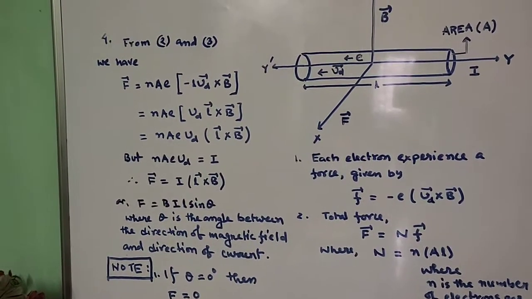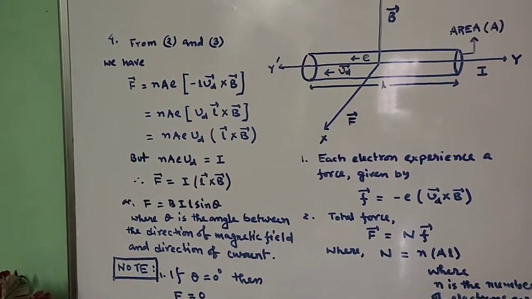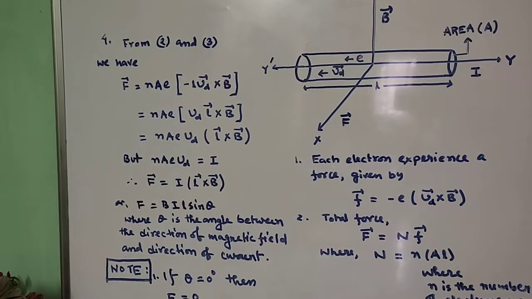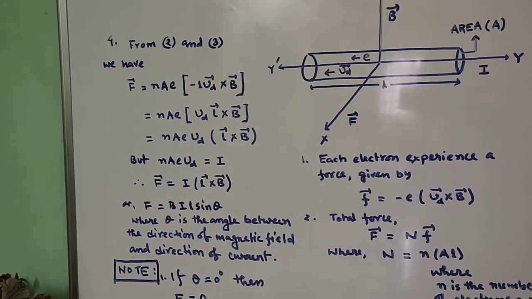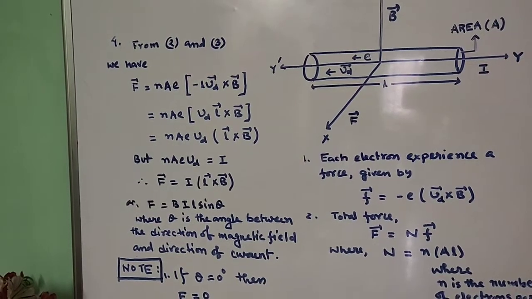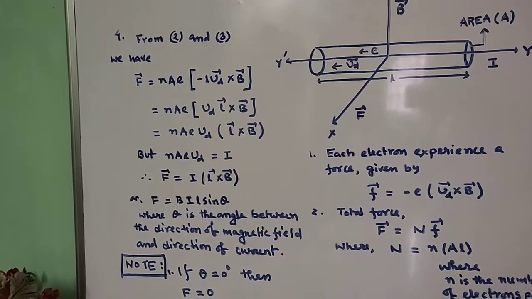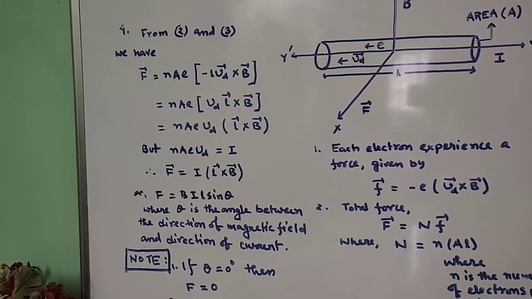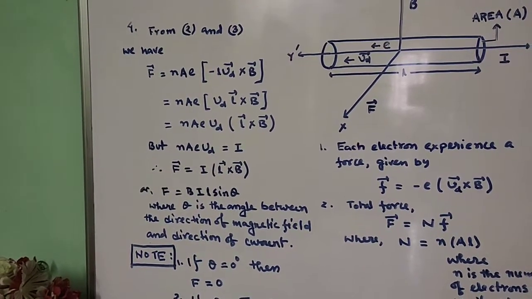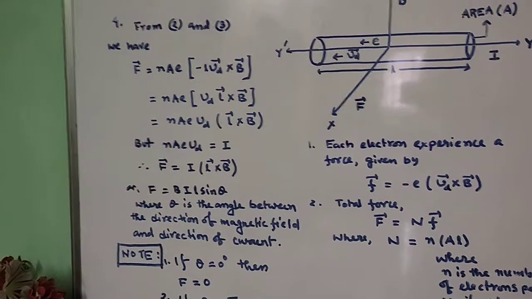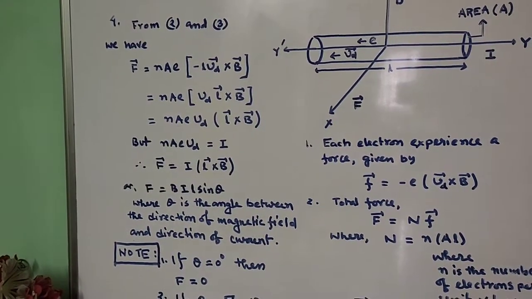Now the product n A e Vd: n is the number of electrons per unit volume, and Vd is distance by time, so total charge divided by time gives you the current. So n A e Vd is the current. Ultimately you get the expression F vector equal to I L vector cross B vector.